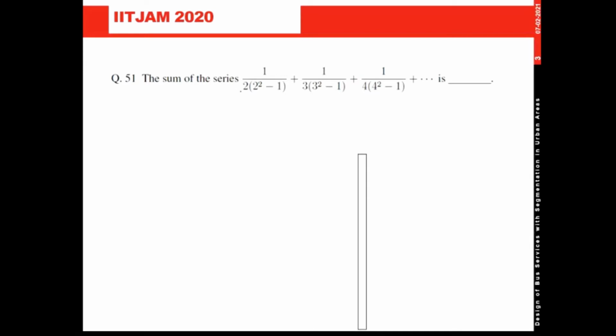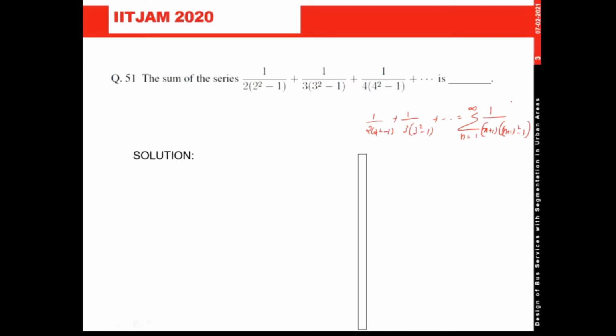So this series can be written as 1 by 2 into 2 square minus 1 plus 1 by 3 into 3 square minus 1 plus etc. This is actually summation n equal to 1 to infinity 1 by n plus 1 into n plus 1 square minus 1.